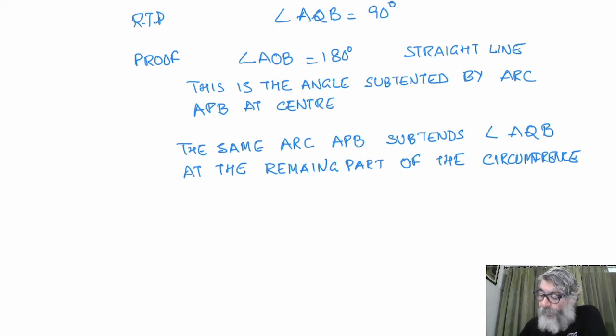So angle AOB will be double of angle AQB.